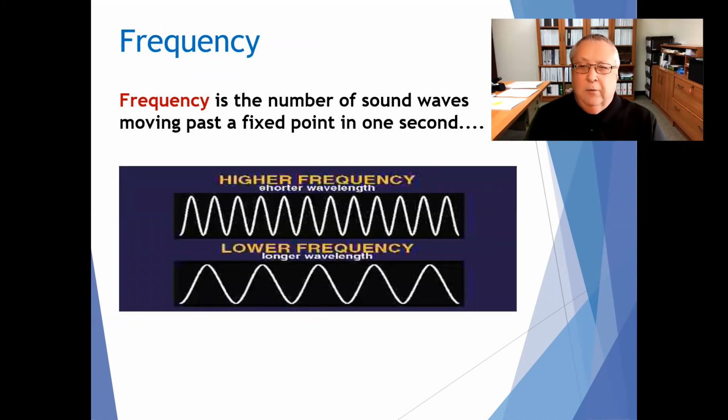So we recognize vibrations moving through the air, and we use an identifier word called frequency. If you look at this chart, you can see that we map out vibrations in the air, sound waves, by using a chart called frequency.